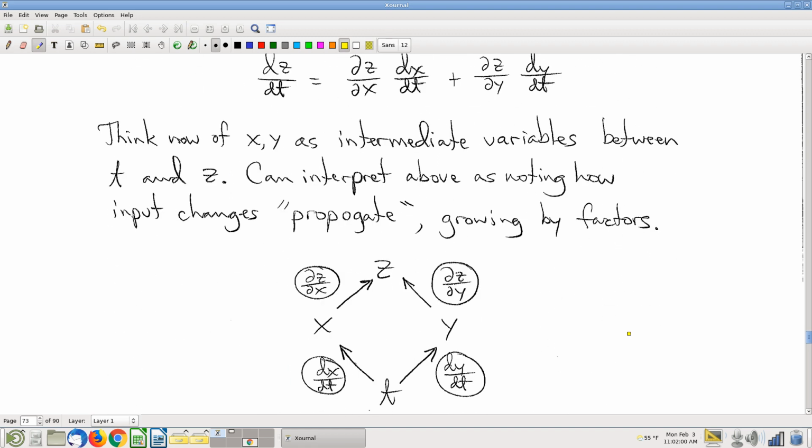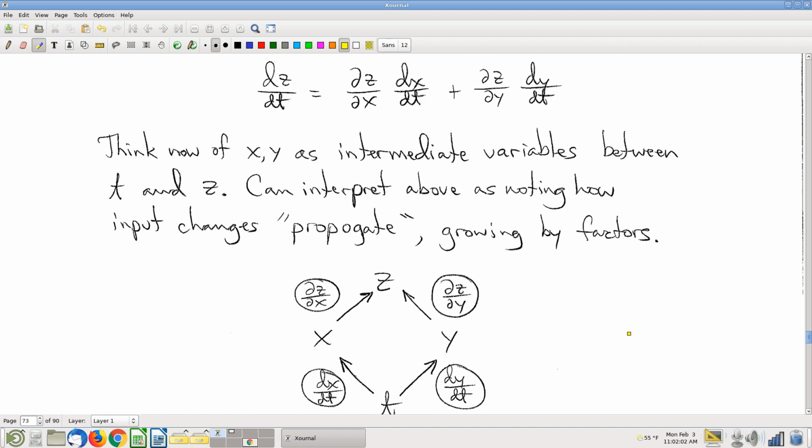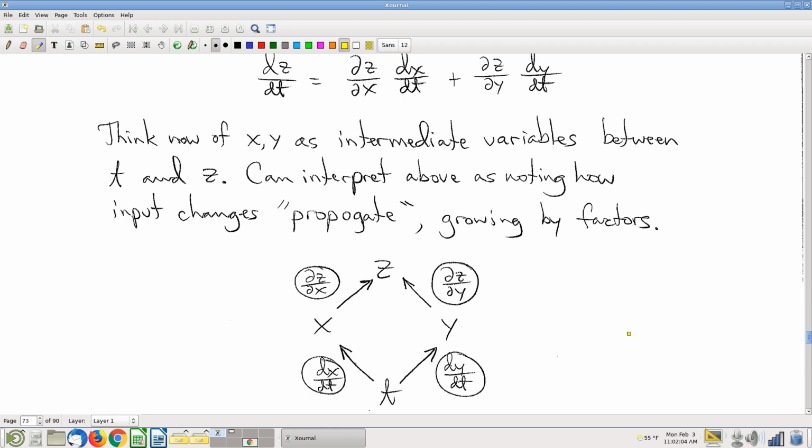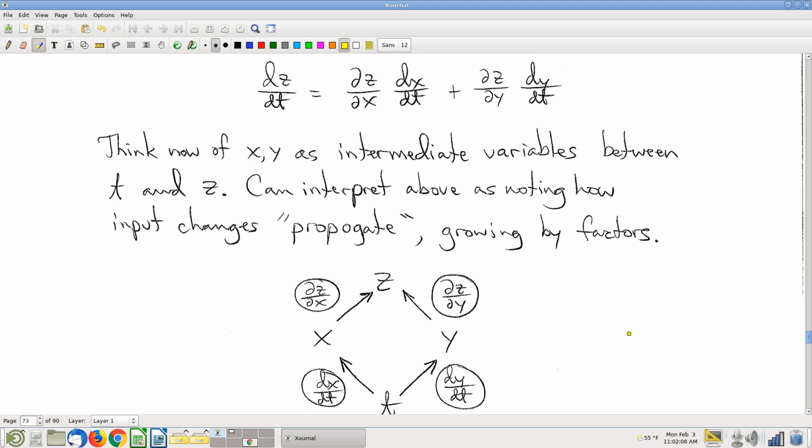Okay, so now I'm going to give you a different point of view on this. I think this is very valuable. The way you're going to use the chain rule in practice, sadly, the world is just not always set up with these exact choices of variables. It's not always z being a function of x and y being functions of t. It could be p is a function of n and a, both of which are functions of q, or whatever.